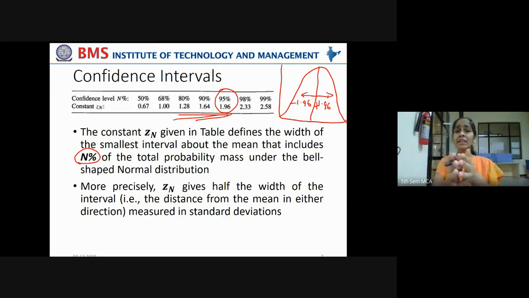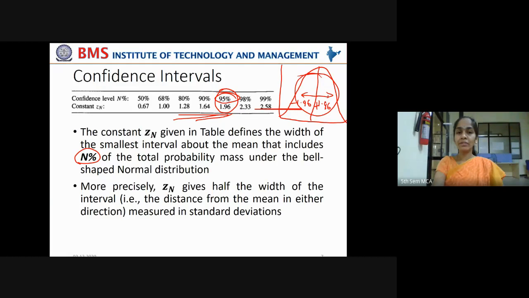Up to that extent the standard deviation is allowed. That is why Z is called the critical value, which helps us understand what would be the variance in the data if you take this confidence interval. What is the tolerance of the critical value? Up to minus 1.96 and up to plus 1.96, you are giving a flexibility that the value falls into this 95% confidence interval range.